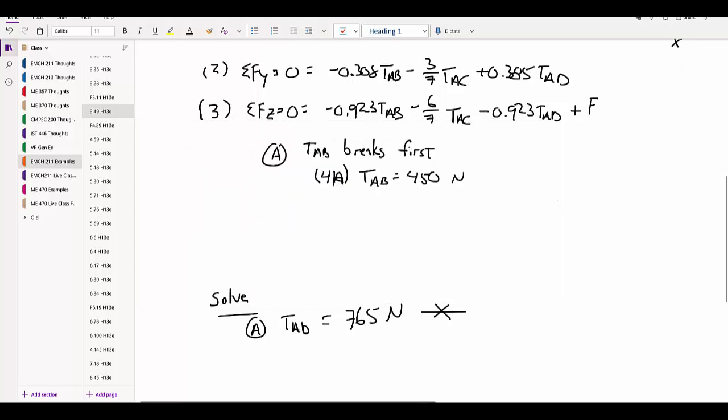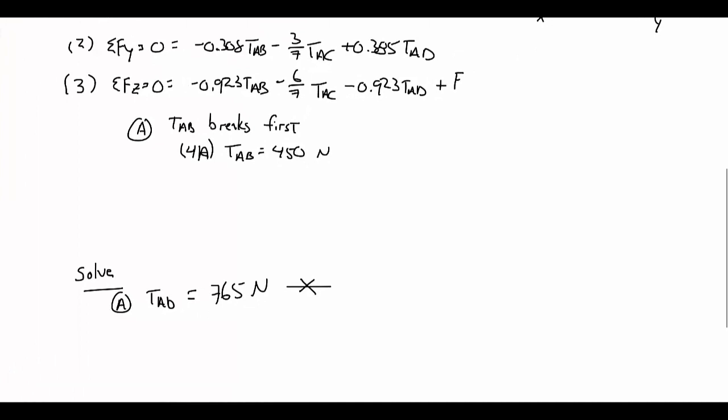All right, so let's move on to the other possibilities. In B, let's assume that TAC is the one that breaks first. Now, probably we can tell here, even from our solution from A, since TAD was the highest one, that TAD would be the one that should probably be breaking first. But I'll test all 3 of the possibilities and just make sure that we prove that's the case.